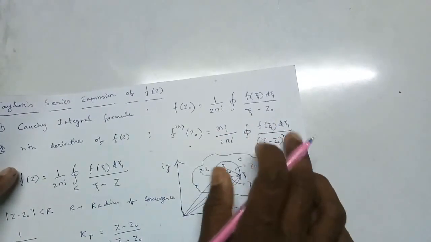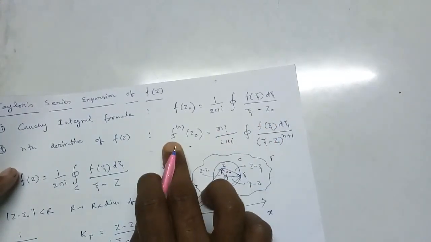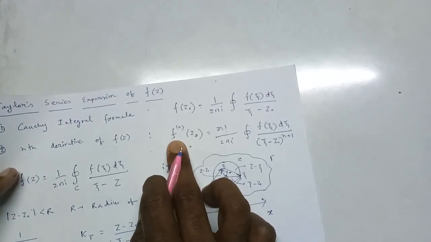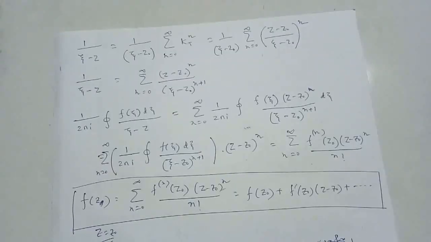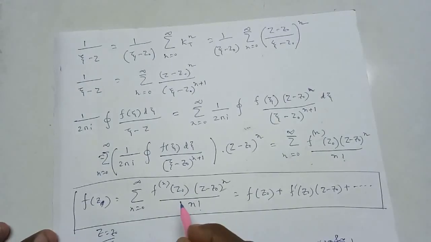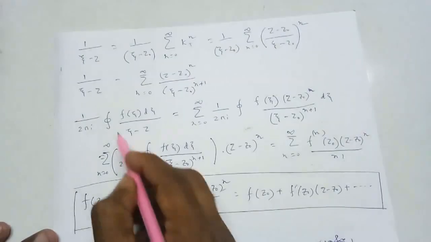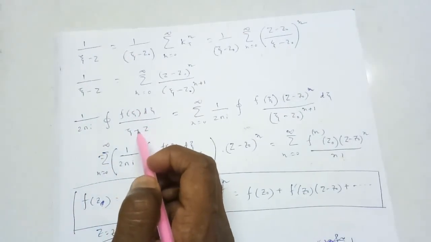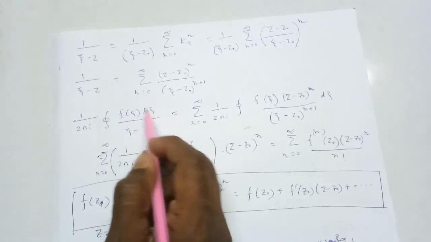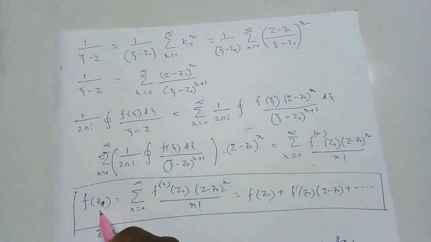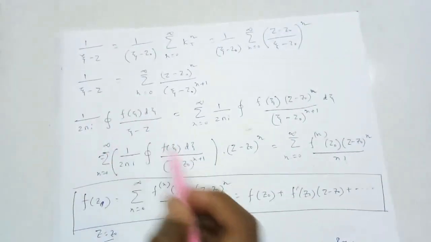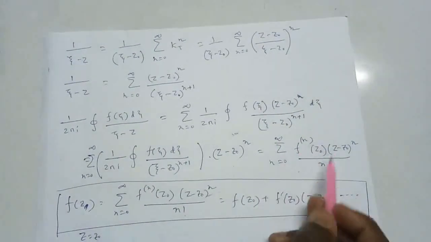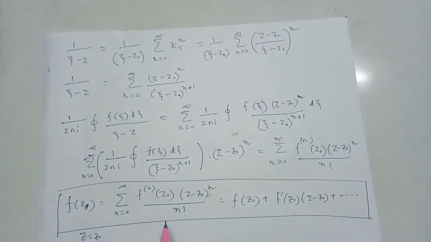So we substitute this integrand by the nth derivative of function of z0. Ultimately, we see that this factor, which is given by Cauchy's formula, is actually nothing but function of z, and we derive it by this series expansion.